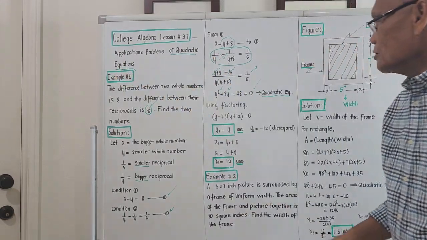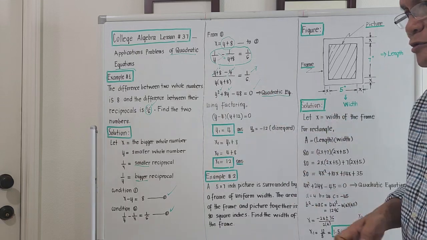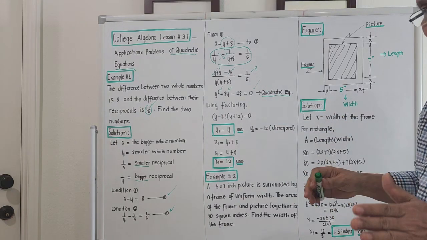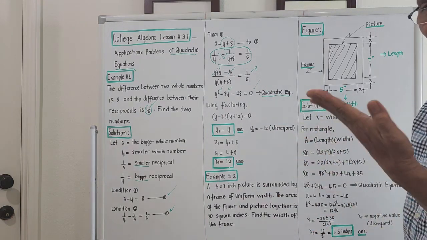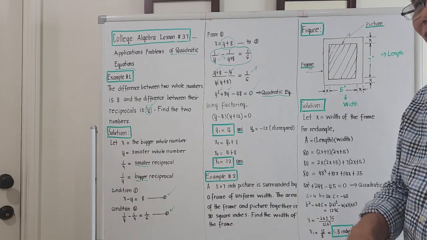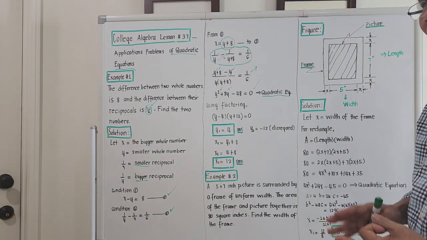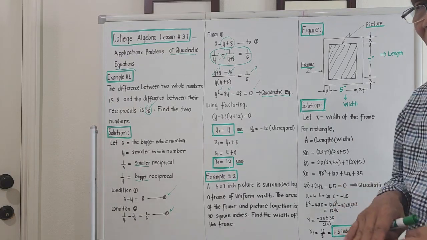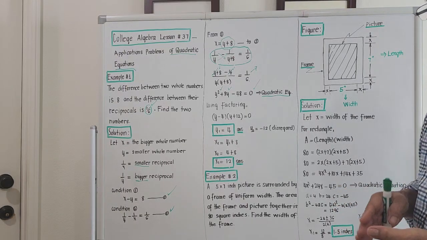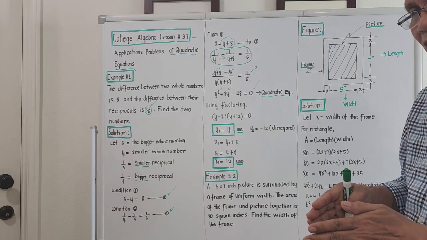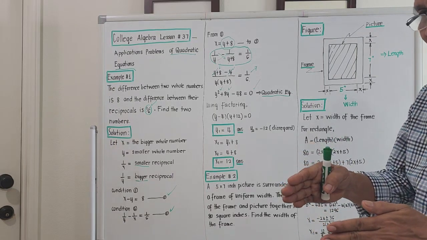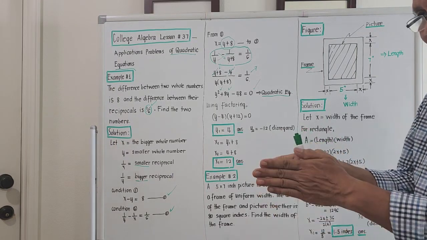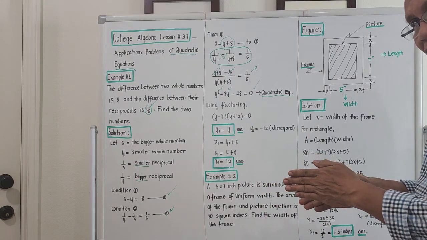So if there is a quadratic equation, we now know how to solve a quadratic equation. We got 5 solutions: factoring, by taking the square root, by completing the square, using the quadratic formula, and the last one is an equation reducible to a quadratic equation.